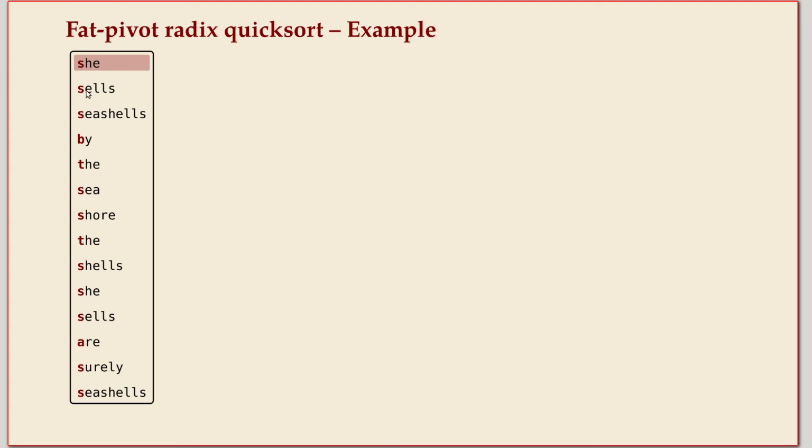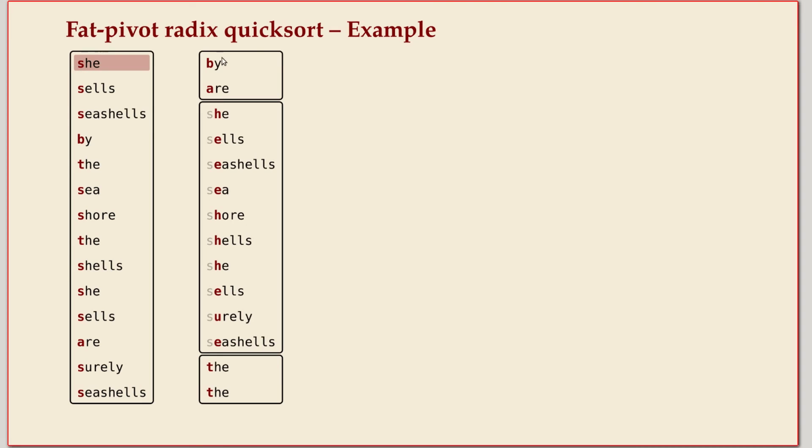And now we partition all those strings based on the first character only. So we take the first character of the pivot, which is S, and then we divide the strings into three groups: those that have a first letter that comes before S, those that have actually S itself as the first letter, and those that have a first letter that comes after S.